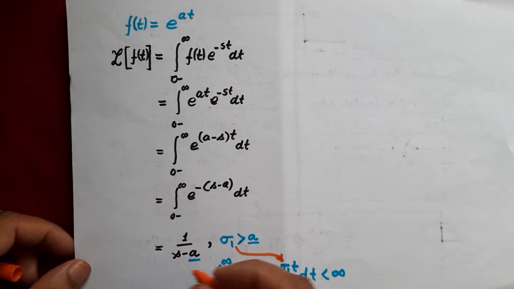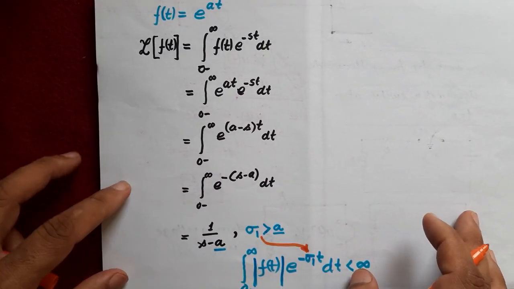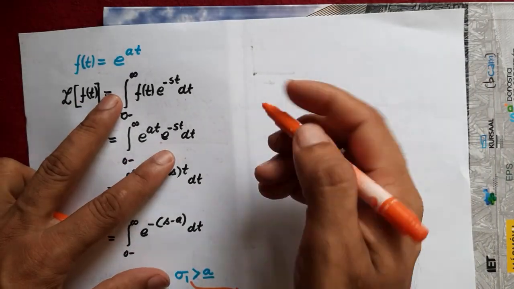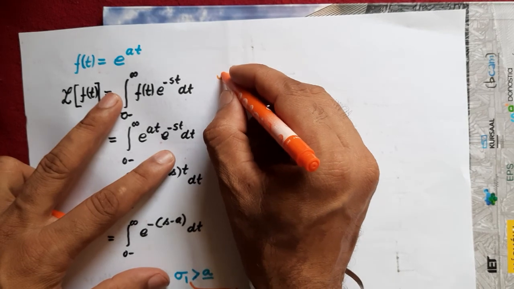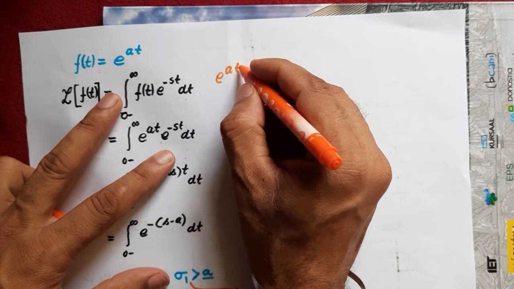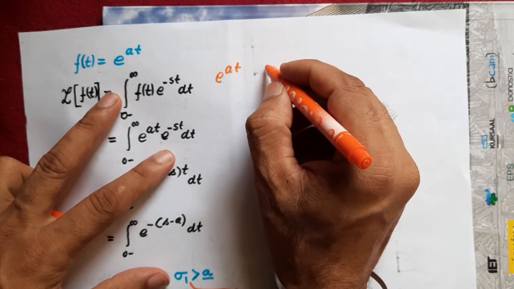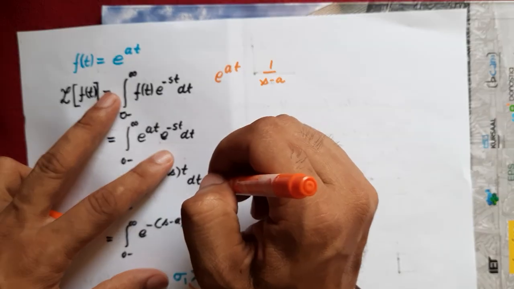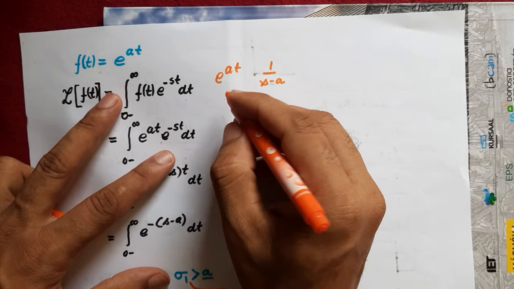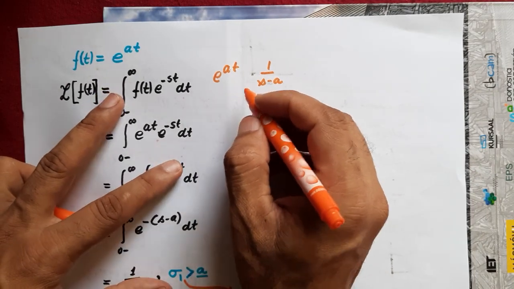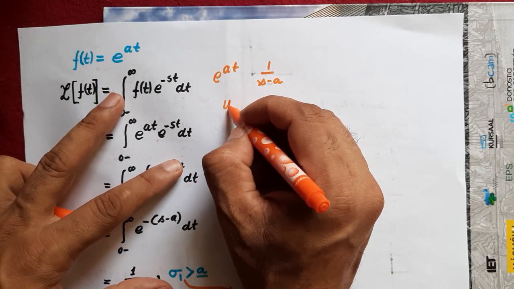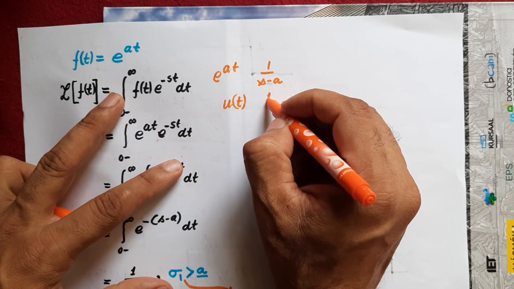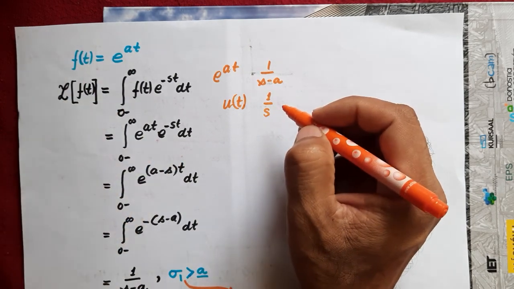So this gives us a transform pair: e to the power at and 1 upon s minus a. This is one transform pair. And in the previous class we got the transform pair u(t) and its transform 1 upon s.